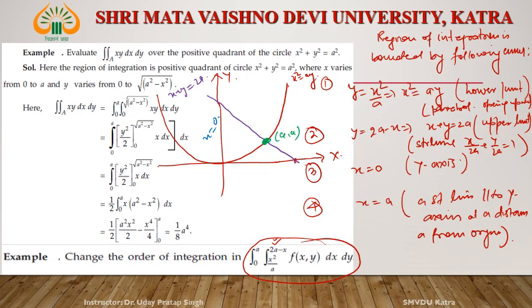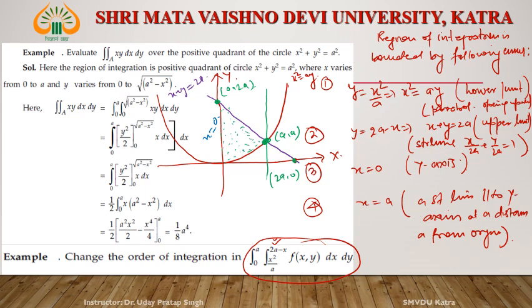This point is (2a, 0) and this point is (0, 2a). Now come to the line x equal to a. X equal to a is this straight line. So the region bounded by all four curves is this one. See carefully, this is the region bounded by these four curves.